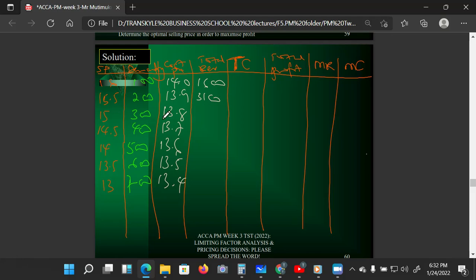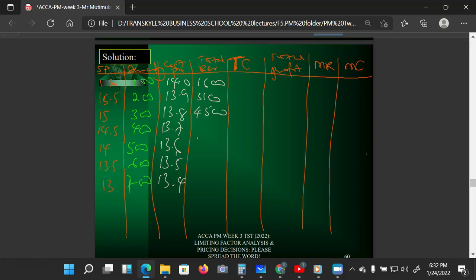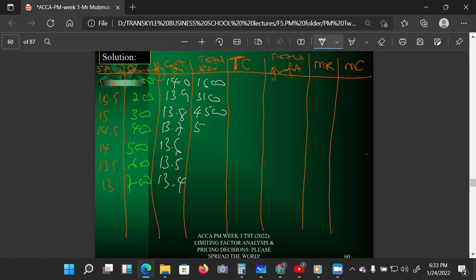Then 15 multiplied by 300, that's 4,500. Then 14.5 multiplied by 400, that's 5,800.